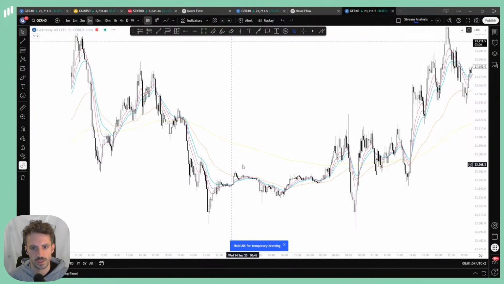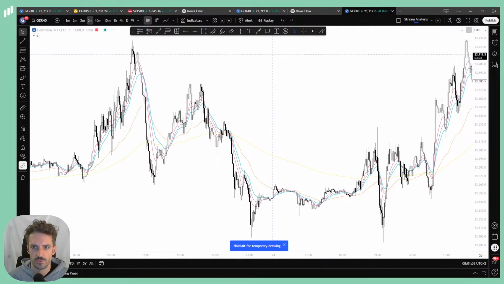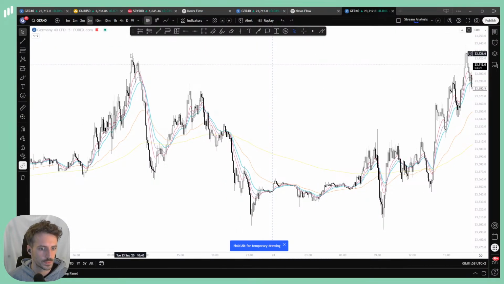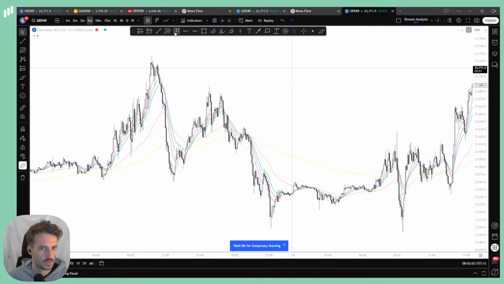To understand yesterday's price action, I need the reference from the day before. So that's Tuesday, 23rd of September. Let's put on some levels.